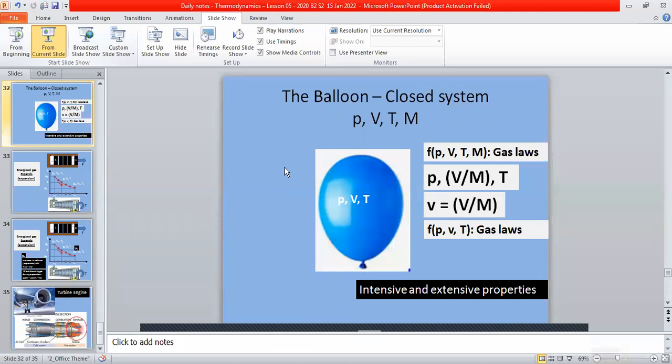P times delta V is relatively big, so with less energy, bigger work, meaning relatively enhanced efficiencies.